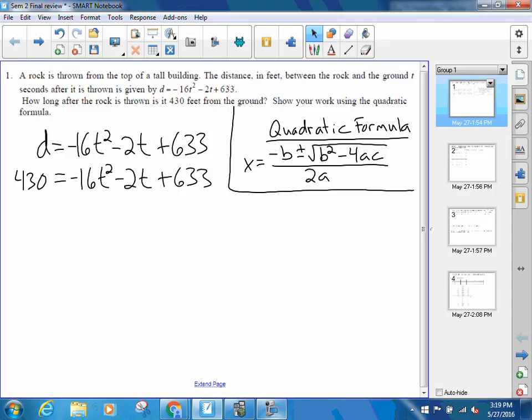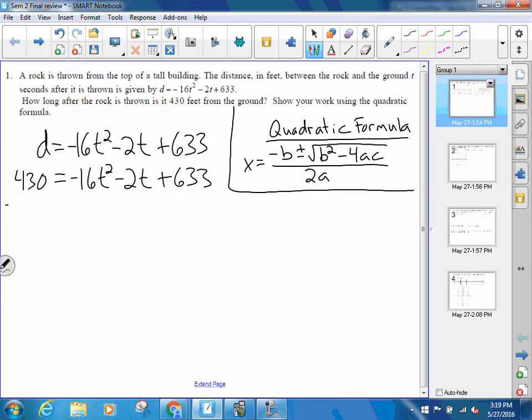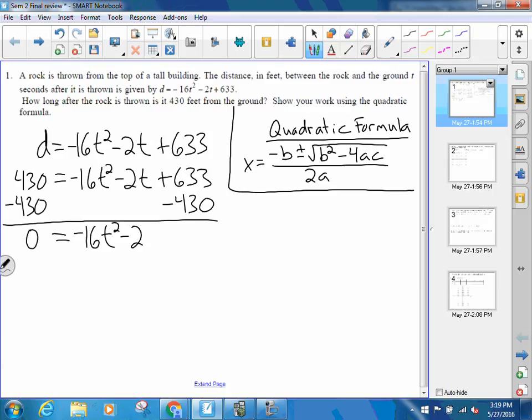Now before we can solve this, we have to make this equation equal 0. So the first thing I'm going to do is subtract the 430 from both sides so that I get 0 over here on the left equals the negative 16t squared minus 2t, and then 633 minus 430 is going to be a positive 203.